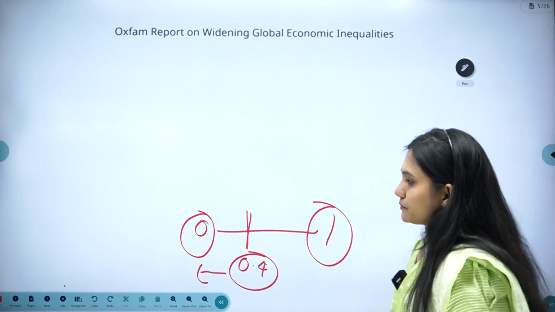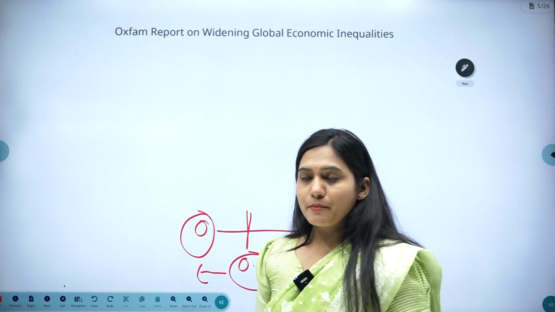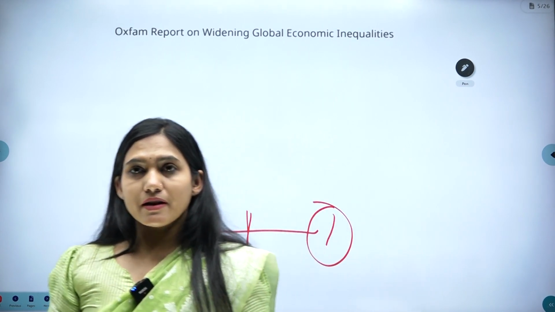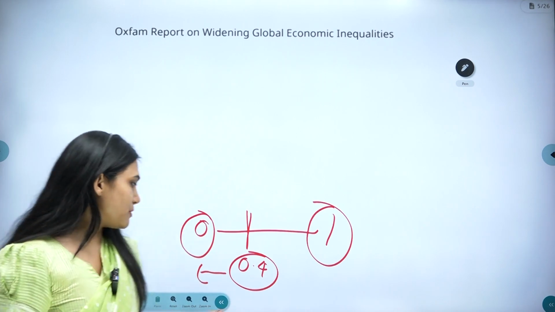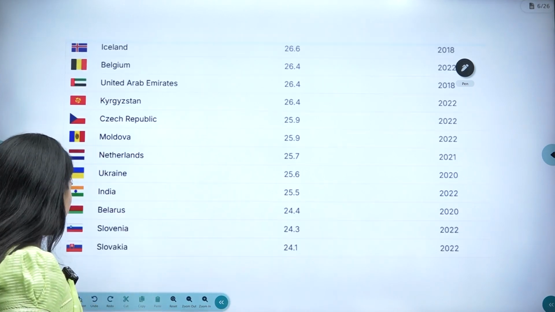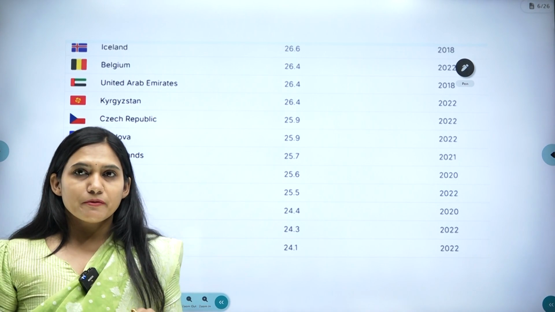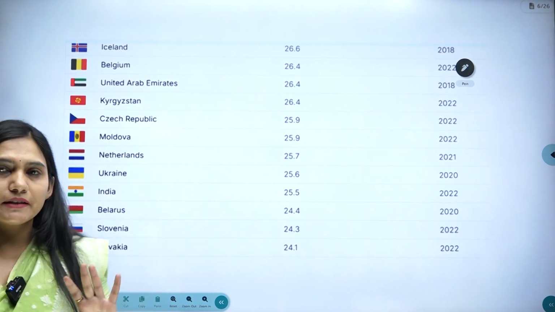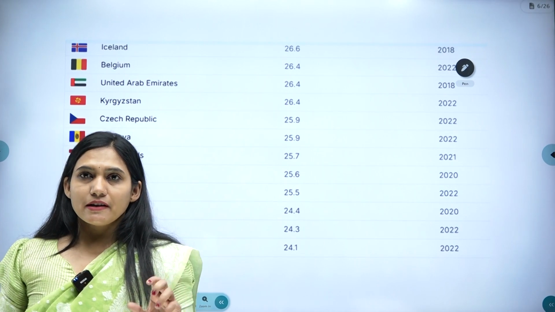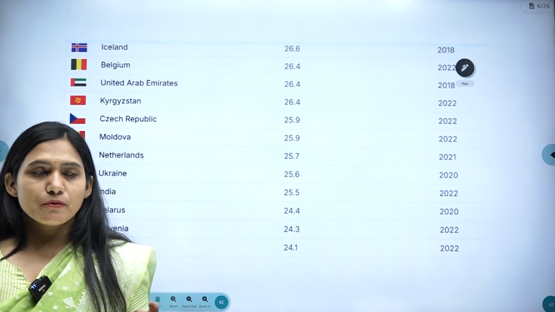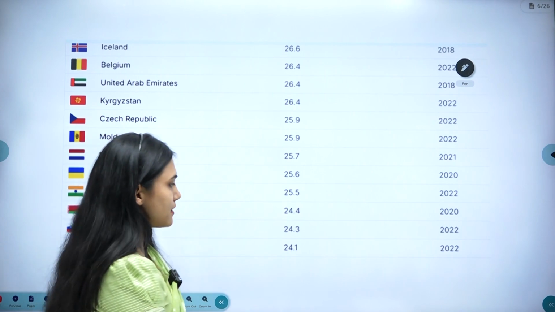Okay. So Oxfam report of inequality, you might have heard about it in the newspaper. So recently when it was published, so it has given some insights based on Gini coefficient that in 2011-12, India's inequality ratio, Gini coefficient, was around 28.8.